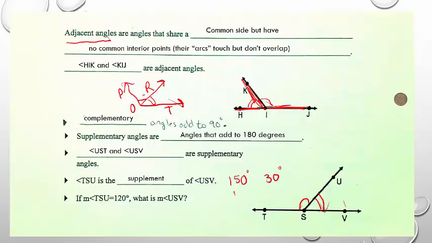If I asked you, what is the complement of 40 degrees? You would say 50, because 40 and 50 make 90. So if angle TSU is 120 degrees, then angle USV has to be 60 degrees, again, because they are a linear pair. They make a straight line, they make 180.